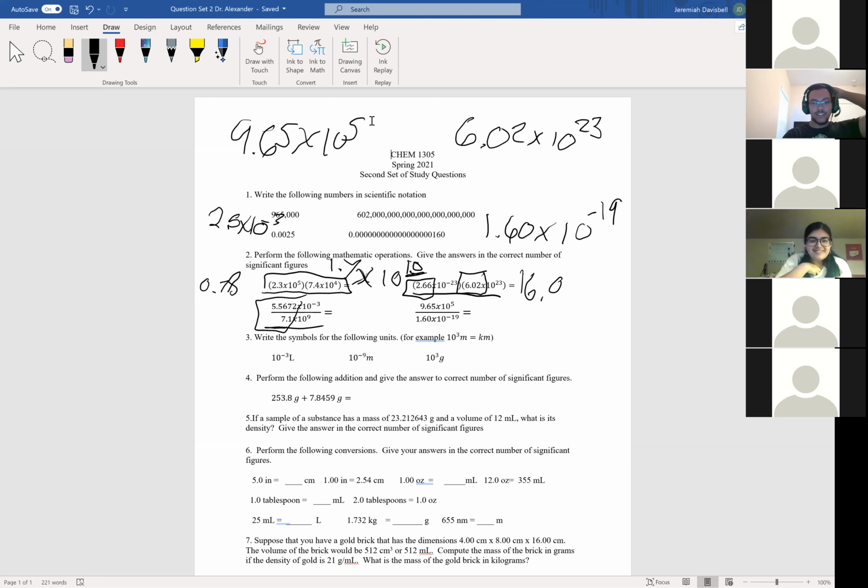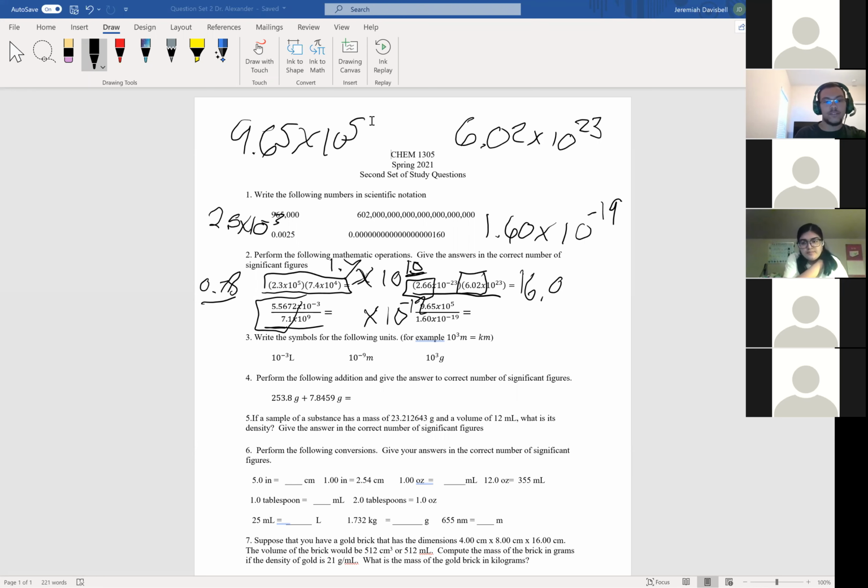Okay, so in order for this to work, let's leave that to the side for a second. So the tens, what would the exponent be? Negative 12. So it's times 10 to the negative 12. What are we going to do with this coefficient right here?